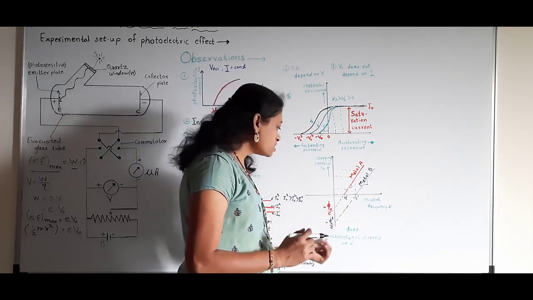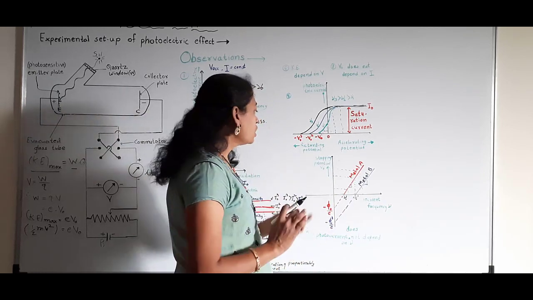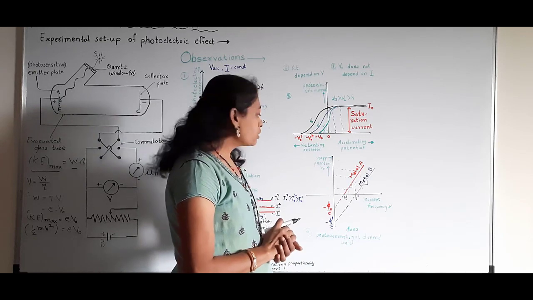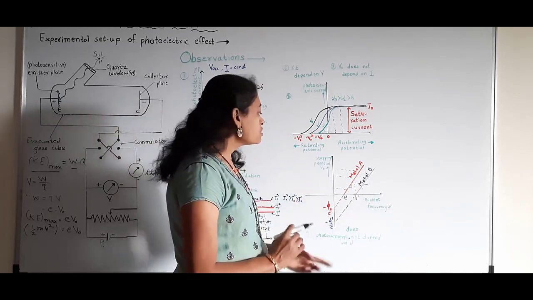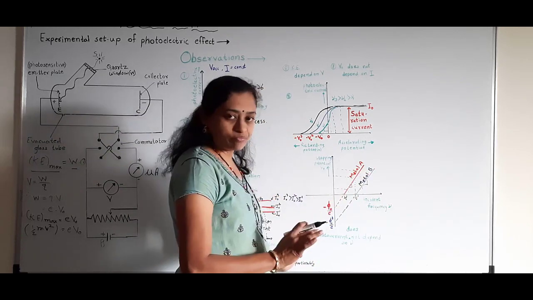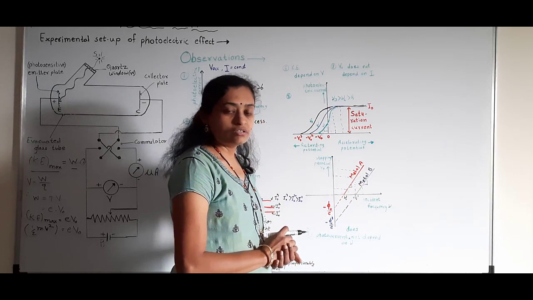We will discuss these 2 points later on. Only remember here, if we plot the graph of stopping potential and incident frequency, the slope of the graph is the same. Only the x-intercept and y-intercept are different.